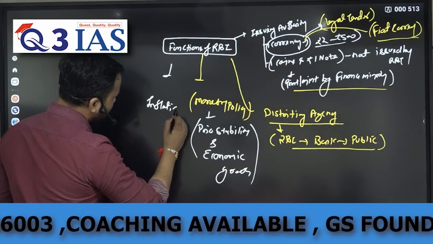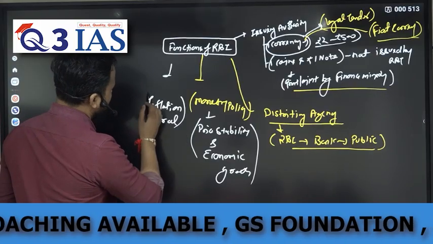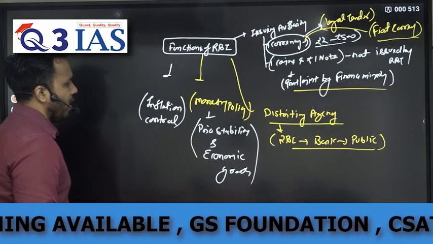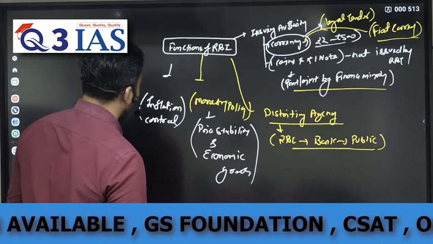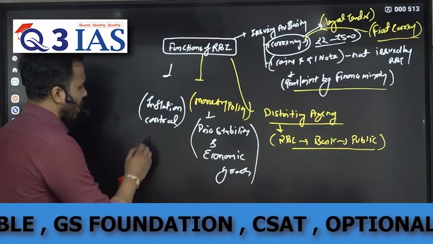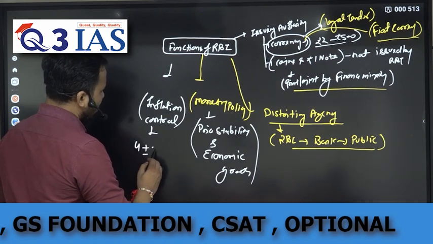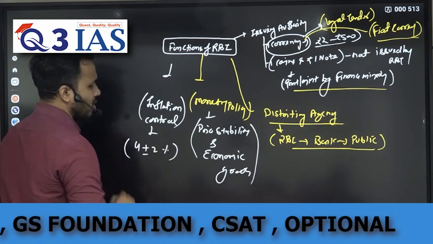inflation control. Inflation control means, at this point of time, there is a 4 plus minus 2% provision. Yes or no?